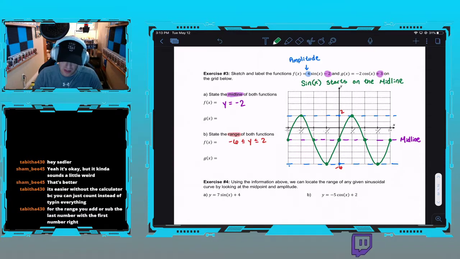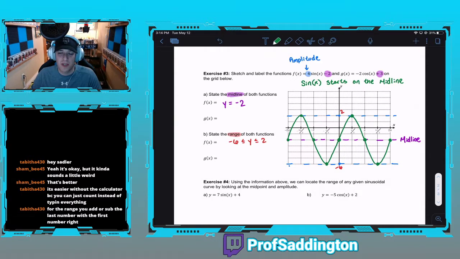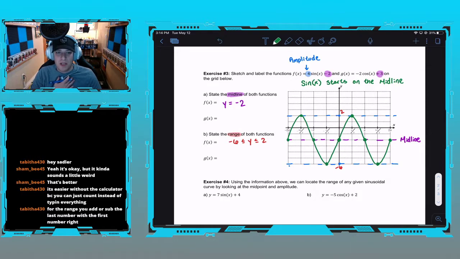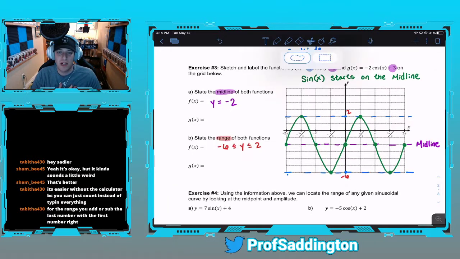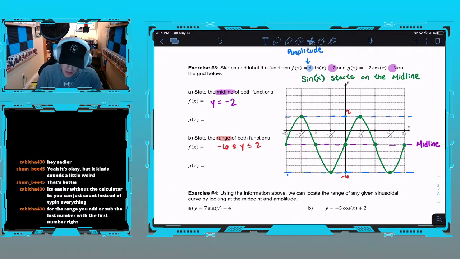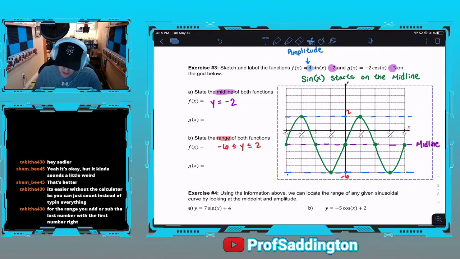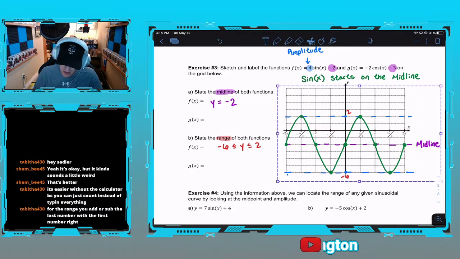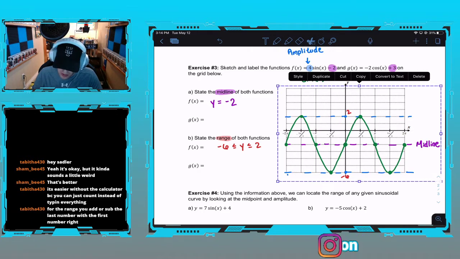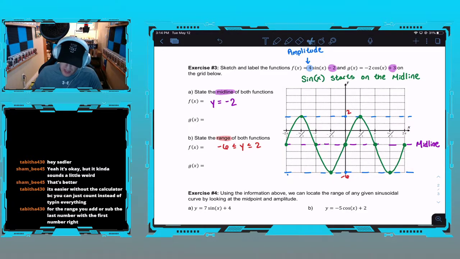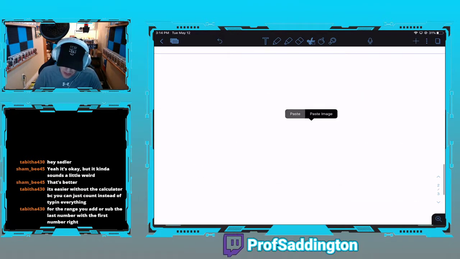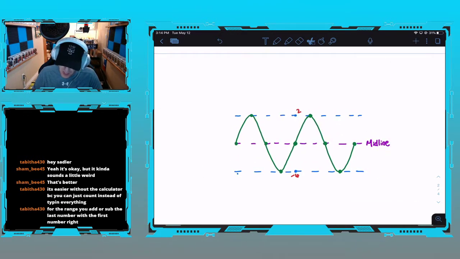I think this is going to... Oh, I just froze. So hold on one second. What I'm going to do is I'm going to copy this entire graph. Now, I don't know how this is going to work, so let me see, because I want to copy everything. Will this copy the graph too? I want the grid.